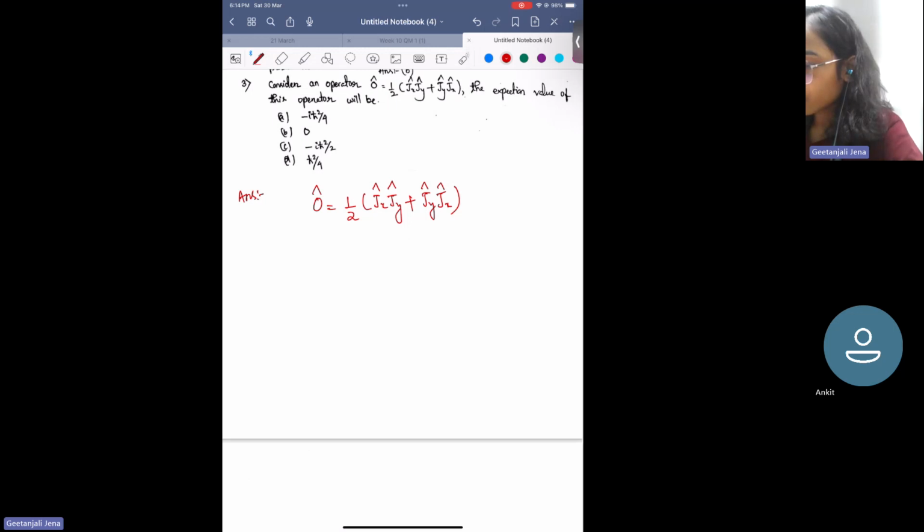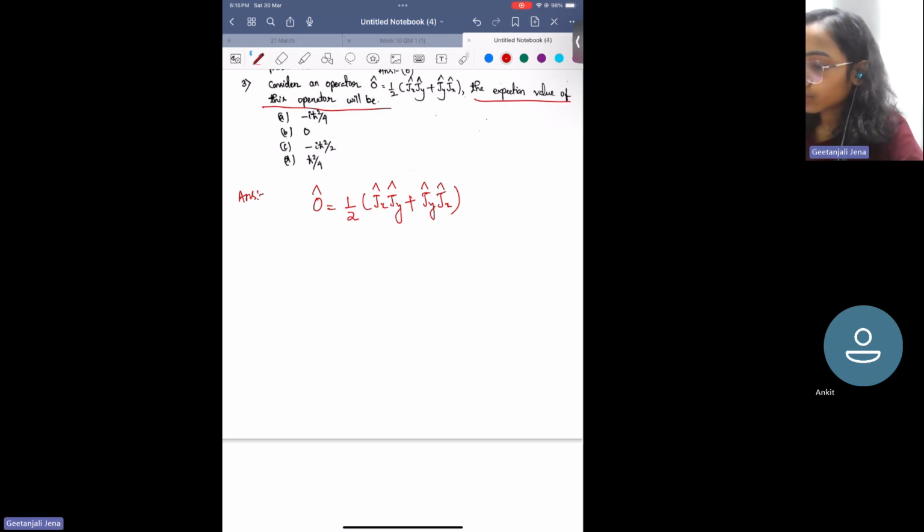Then the expectation value of this operator is. So it is based on the expectation value of an operator. What you have to do is use the raising and lowering operator concept. So Jx and Jy eigenvalues you will get from the raising and lowering operators.